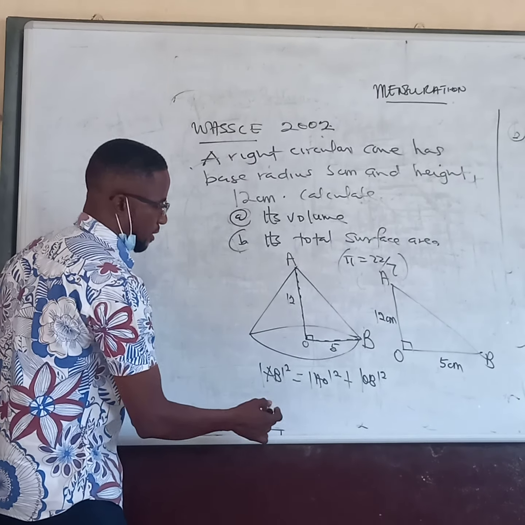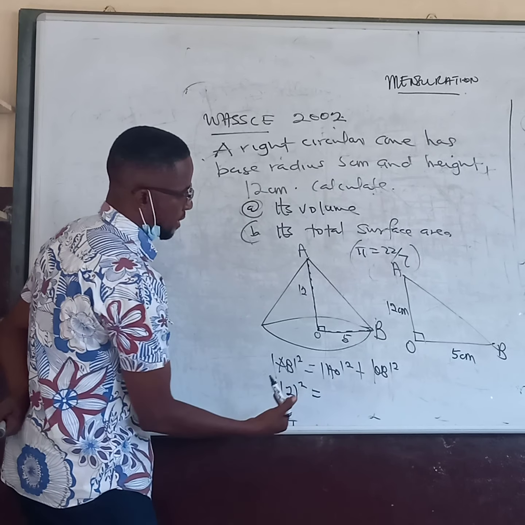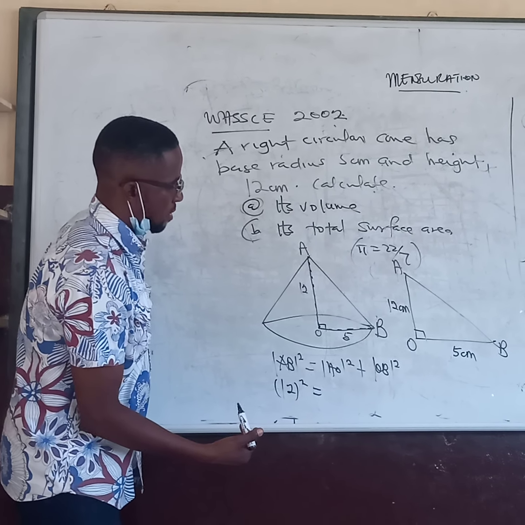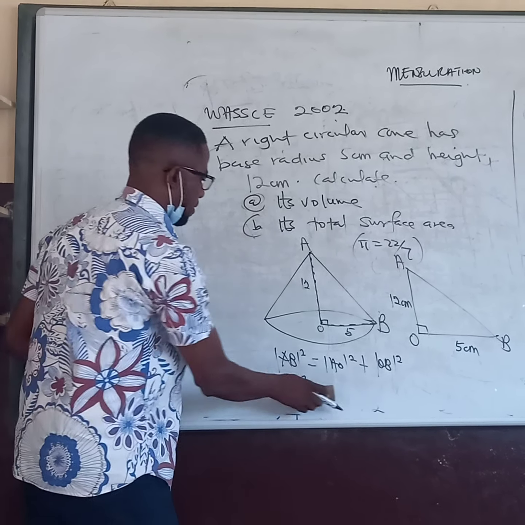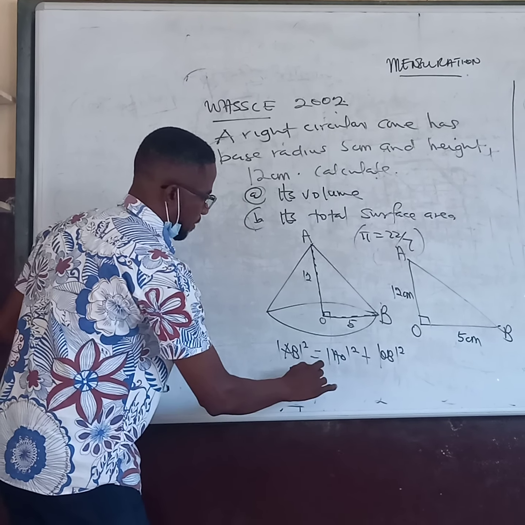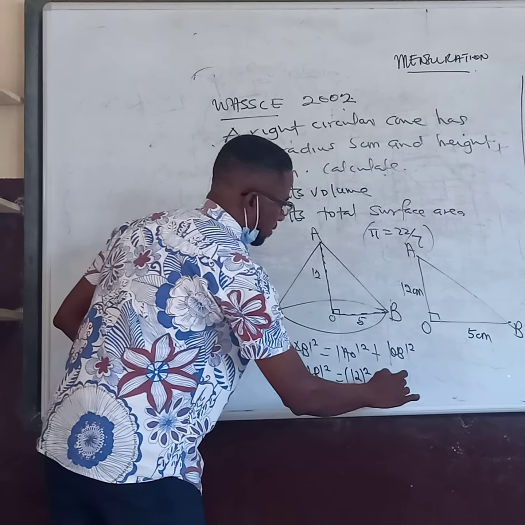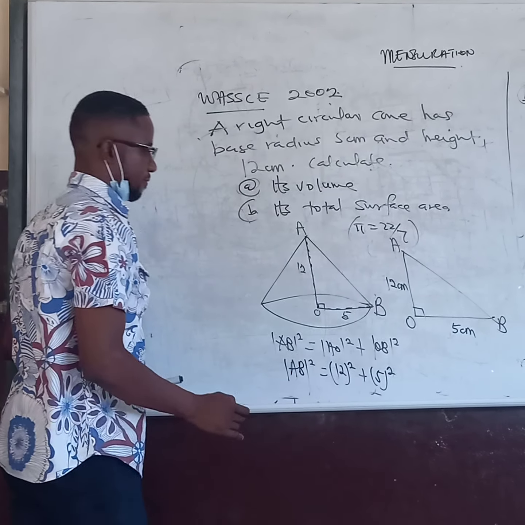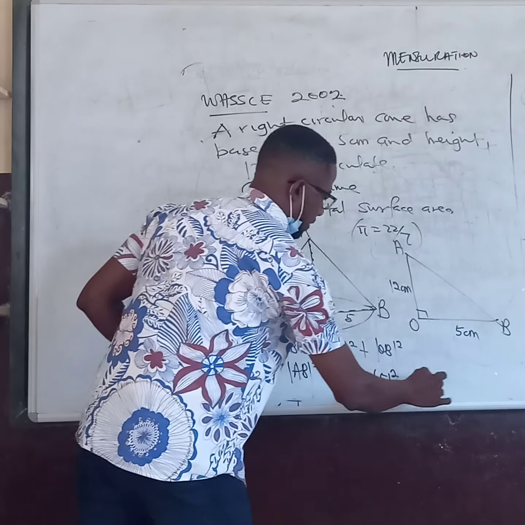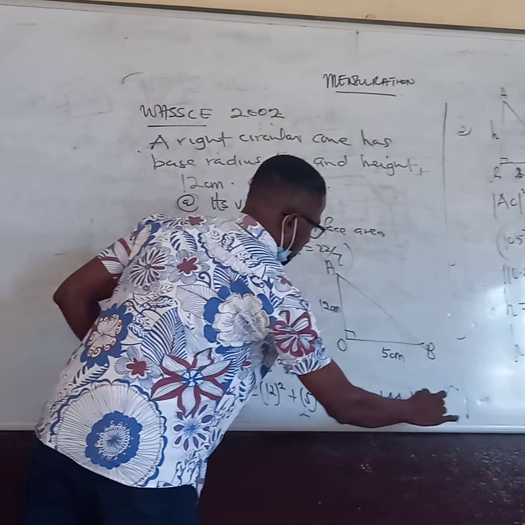So AB is the one we are looking for. AB squared is equal to 12 squared plus 5 squared. This gives us 144 plus 25.